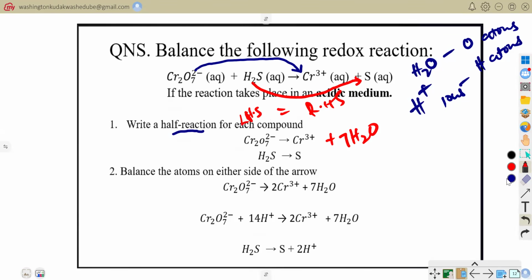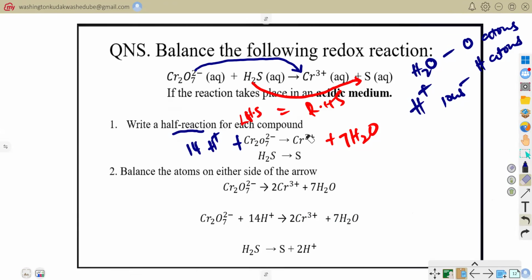However, now I've created another problem. I now have 14 hydrogen atoms. How do I get hydrogen atoms on this side? This is where we add hydrogen ions. I've got 14, so I need 14 on this side. So the reaction is chromate plus 14 H plus ions to form 2 chromium ions.